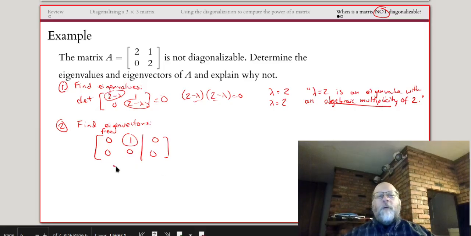So this row says that y is equal to 0 and x can be anything. And so we have an eigenvector, x could be anything, but we only have one eigenvector because there's only one free variable. And so we do not have enough eigenvectors to form a basis.